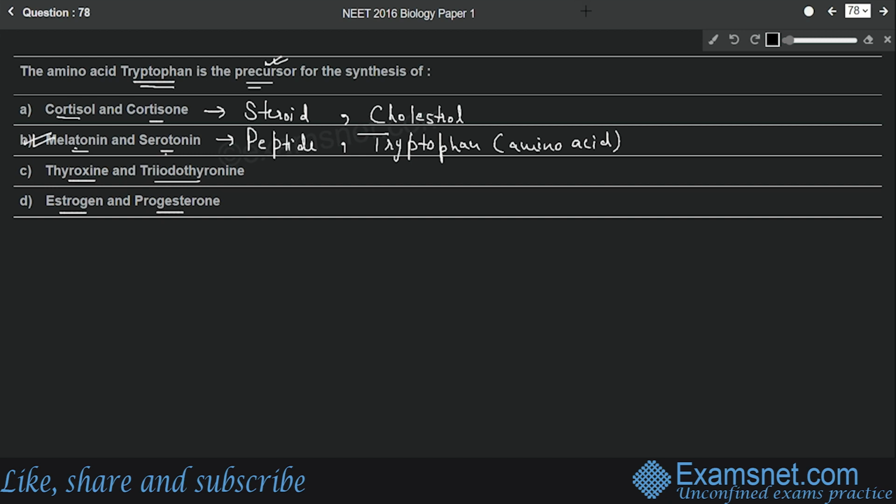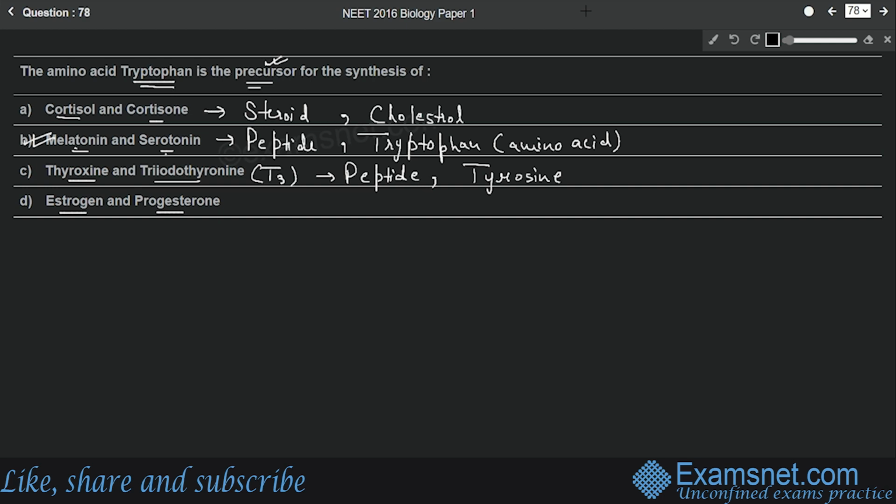In the third one, we have thyroxine and triiodothyronine. Triiodothyronine is also known as T3 hormone, right? Now these are also peptide hormones, so their precursor is also an amino acid, but it's not tryptophan. Instead, it is tyrosine. Tyrosine is the precursor of thyroxine and triiodothyronine.